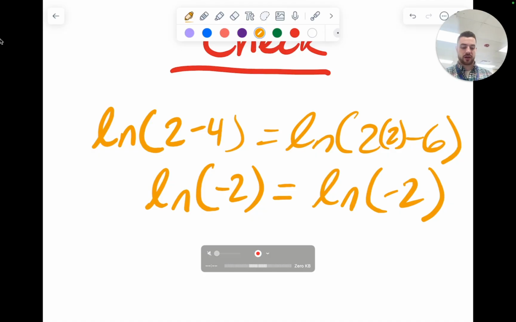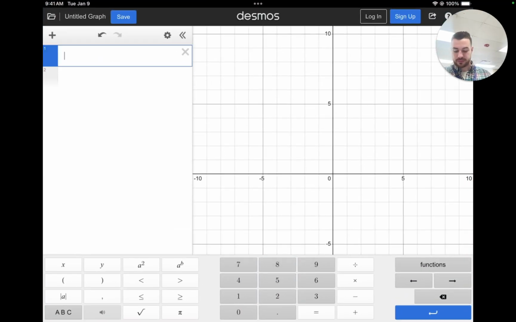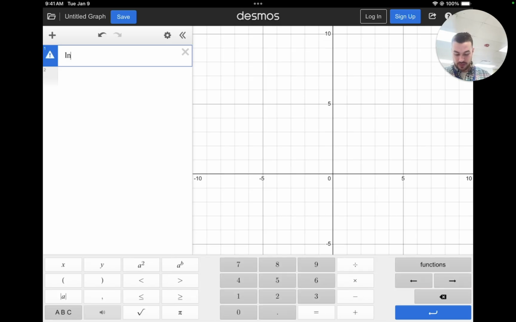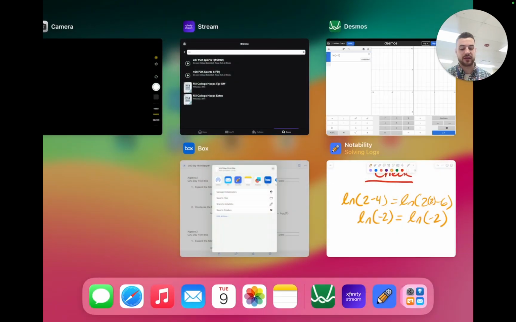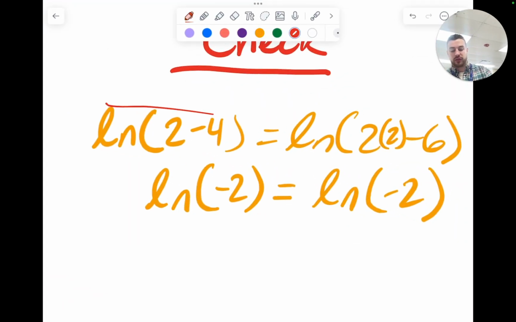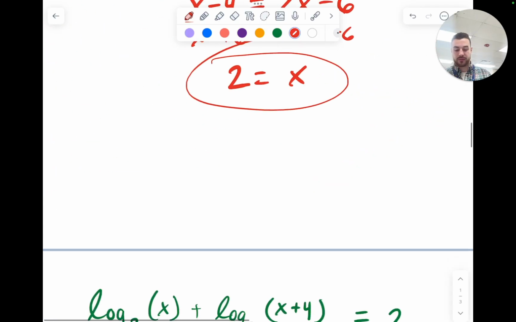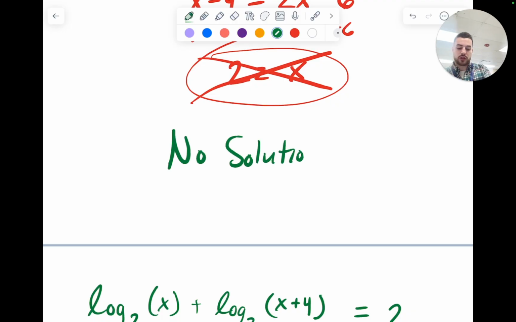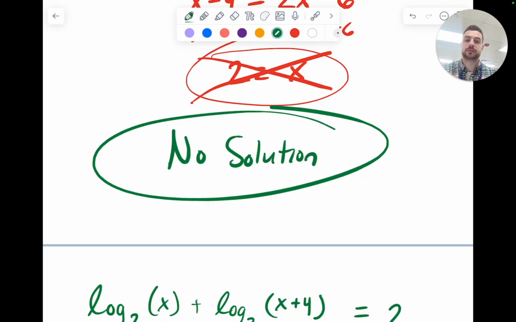They look like they are equal to each other, excuse me. However, when we plug this into our calculator, we can't take the natural log of a negative number. So therefore, both sides do not work, and this is an extraneous solution. So the only one that we got was extraneous, so therefore we would say no solution to this log.